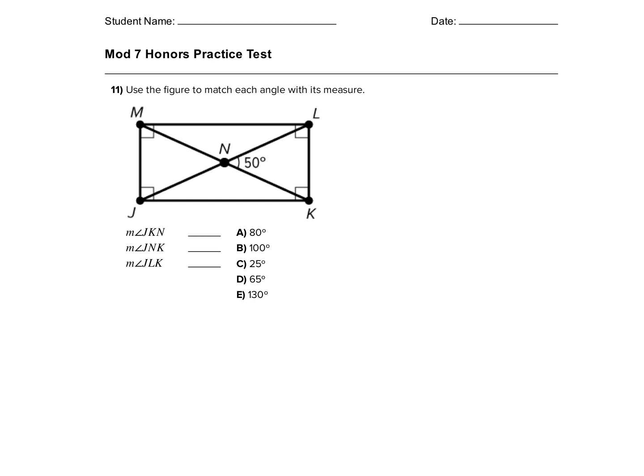Okay, so first we have the measure of JKN. So follow the letters in order. So J, K, N. Okay, so that's this little angle right here.